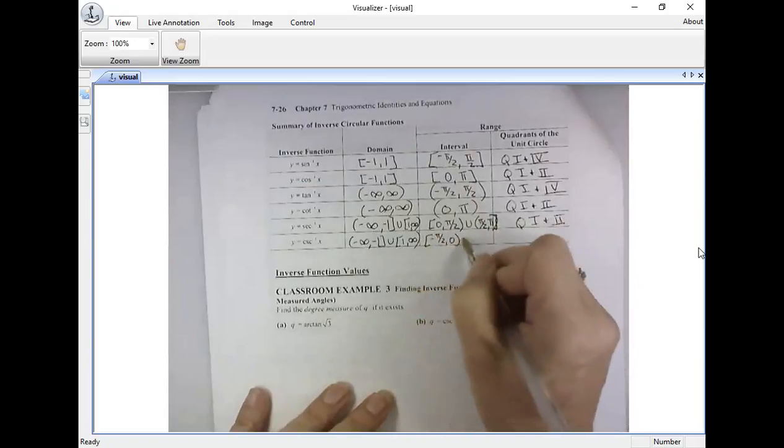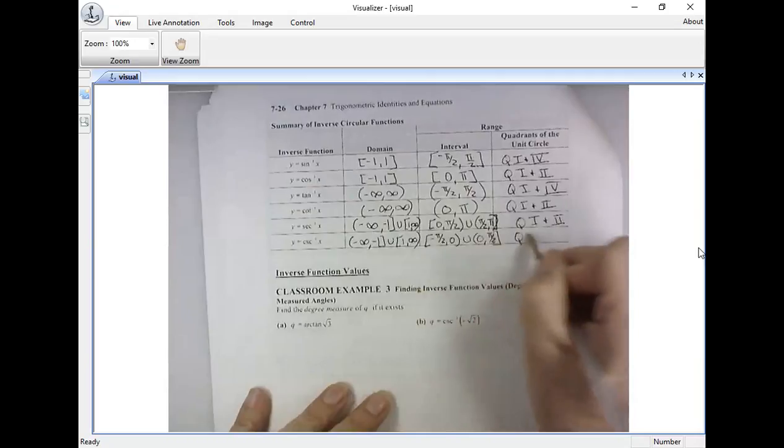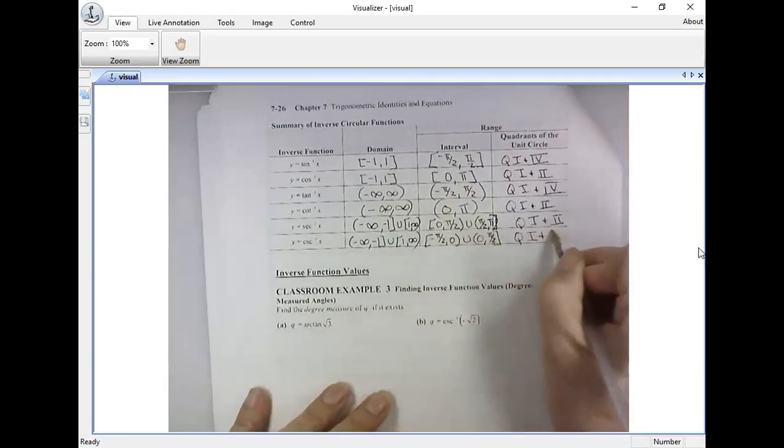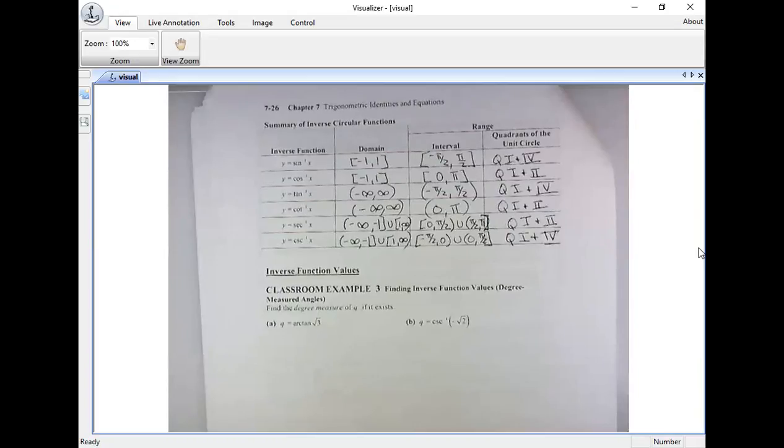We can't include 0, and then from 0 to +pi/2, which means we're in quadrants 1 and 4. So notice it divides out evenly. You get 3 that are in quadrants 1 and 2, and 3 that are in quadrants 1 and 4. All right, that's when we're using those arc trig functions.